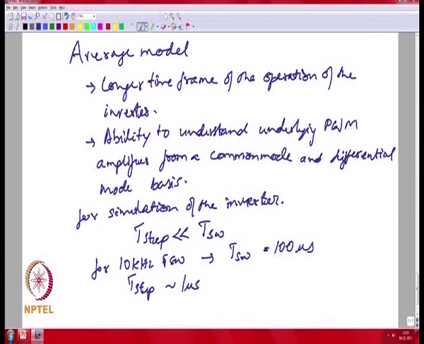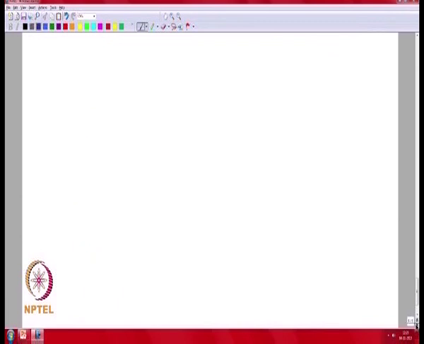So, to look at the average model, we will start off with again the switching model of the power converter, and we are familiar with the switching model, which is the single pole double throw switch.